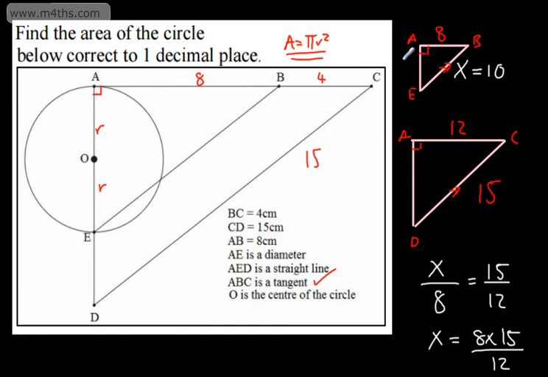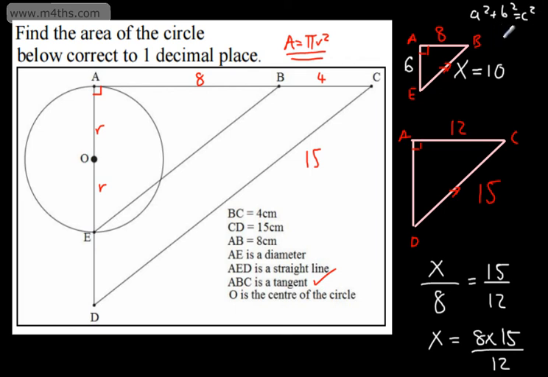Now, what I'm going to do is find this length right here. I don't have this one, so what I'm going to do is use Pythagoras' Theorem. This is one of our special little triangles. It's 8, 10, therefore this one is going to be 6. A squared plus B squared is equal to C squared.